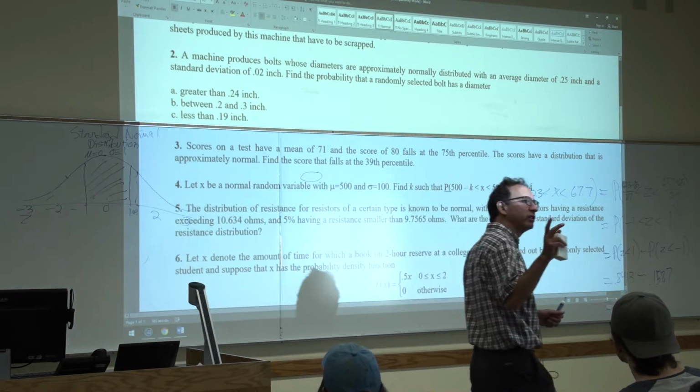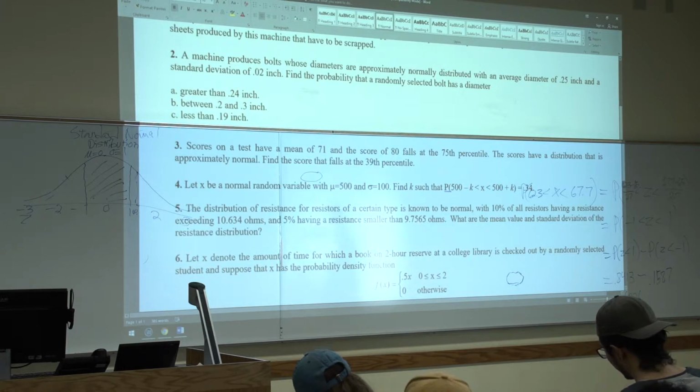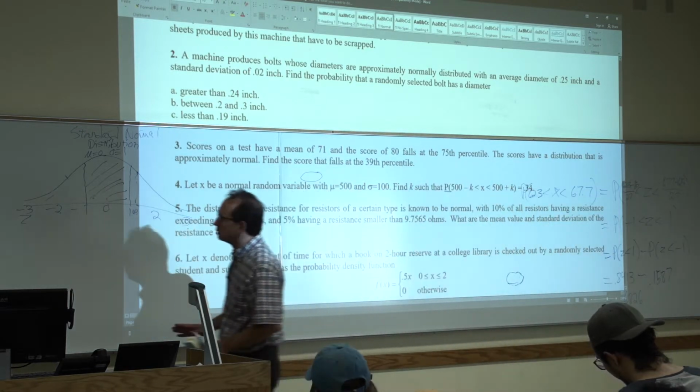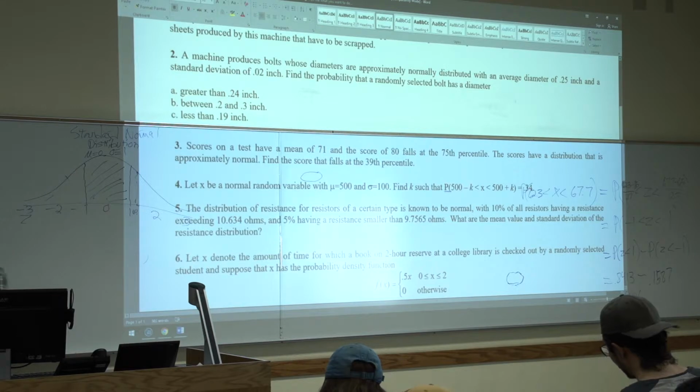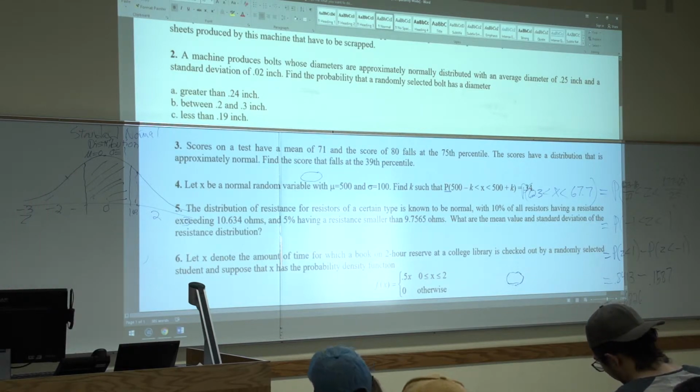Now my hint to you on these normal distribution problems is to first draw out your normal curve. You know that the diameters are approximately normally distributed with this mean and this standard deviation. So draw out your normal curve, locate where the mean is, and fill out these values along the axis, just like we did here. So go ahead and try it.